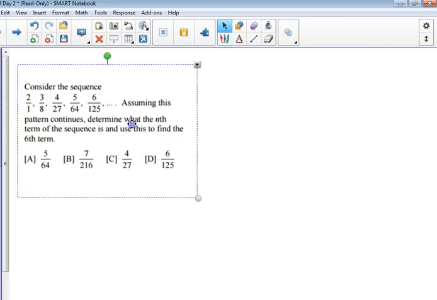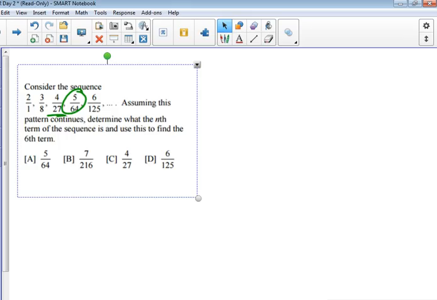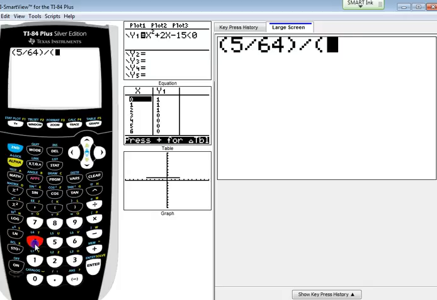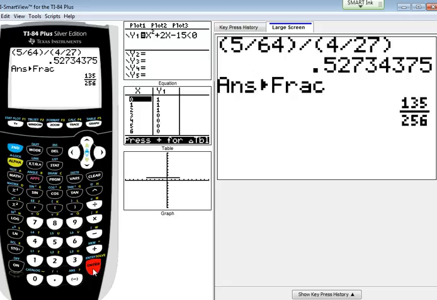Okay, if you guys get stuck and you are not sure what's going on, especially with fractions, it's tough. You can pick one of them and divide by what comes right before. So I take 5 over 64, and I divide by 4 over 27. That means that I would have had to multiply by 135 over 256.